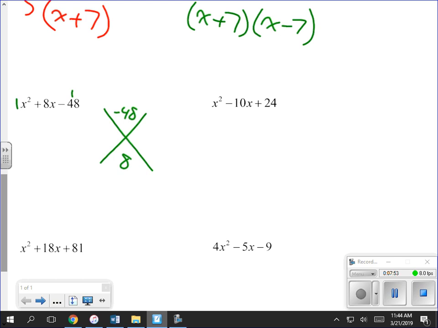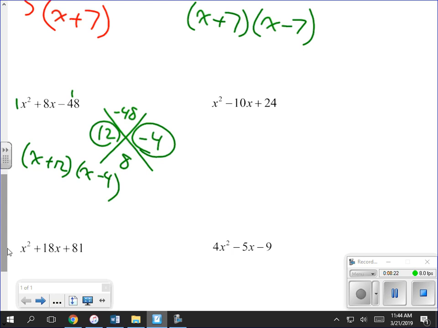That would be 12 and negative 4. I have one x squared, so I don't divide these by anything. I don't have a number in front of the x squared other than the 1. These don't get divided. These are my two factors: x plus 12, x minus 4.